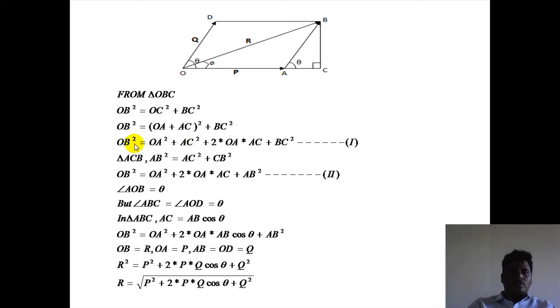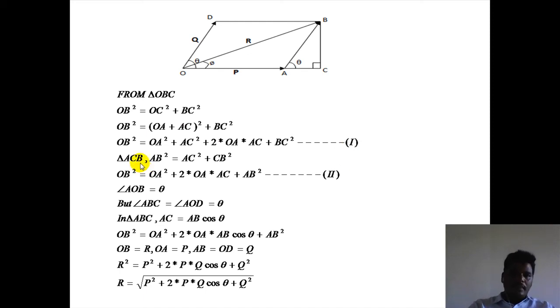Now applying the (a plus b) square formula: a square is OA square, b square is AC square, plus 2ab, that is 2 OA AC, plus the remaining BC square. Consider it as the first equation.